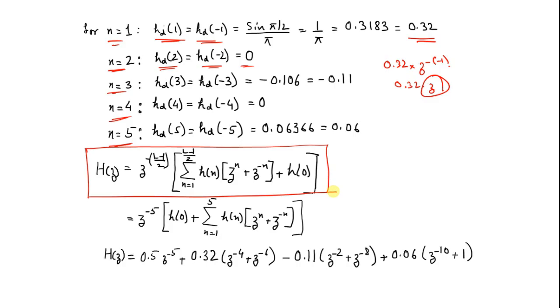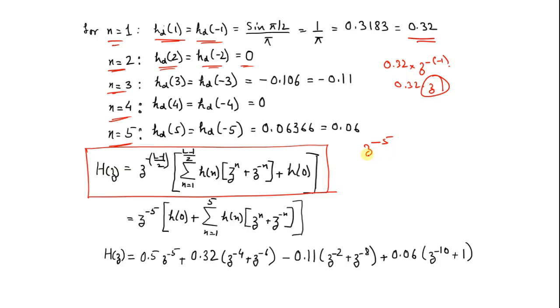In other cases, if you have 20 as the order of the filter, you will have to add 10. So for generalization, we need to use this one. So it is z to the power minus of L minus 1 by 2. In our case, z to the power minus 5, since L was 11, minus 1 is 10, by 2 is 5.